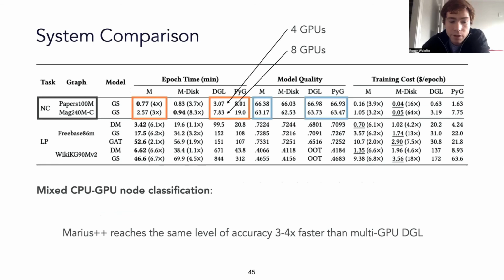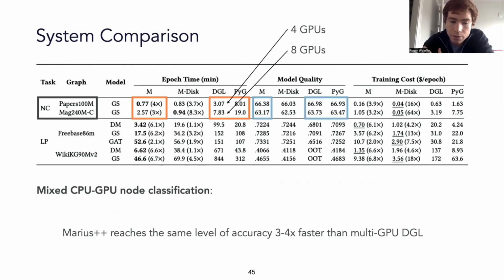So looking first at a comparison for mixed CPU-GPU training on the node classification learning task, when the full graph is stored in memory for all systems, we can see in the blue squares that Marius++, labeled as M in the table, DGL and PyTorch Geometric all achieve similar model accuracy.